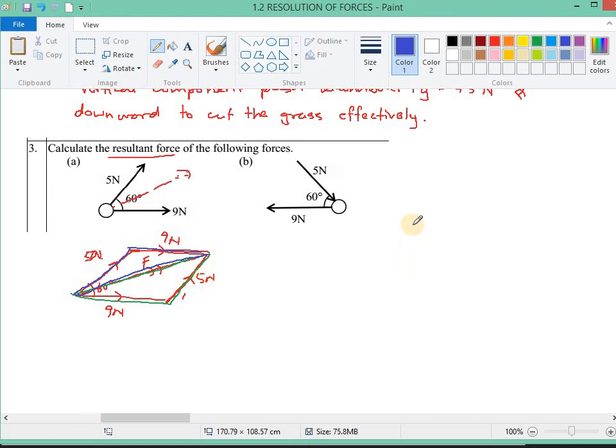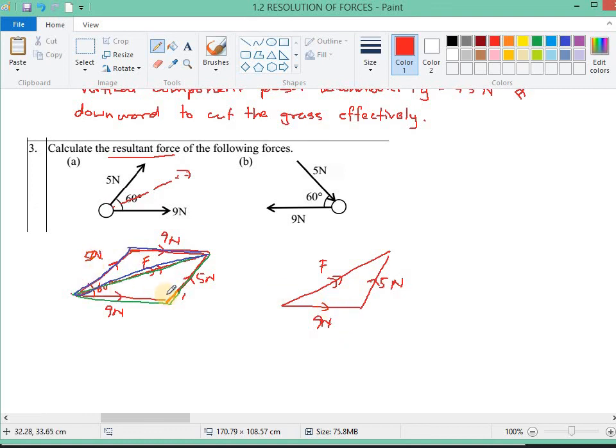Let's say that I take the green one. So we have a triangle that looks like this. This one is 9 Newton, this is 5 Newton. This is the resultant force that we want to find.